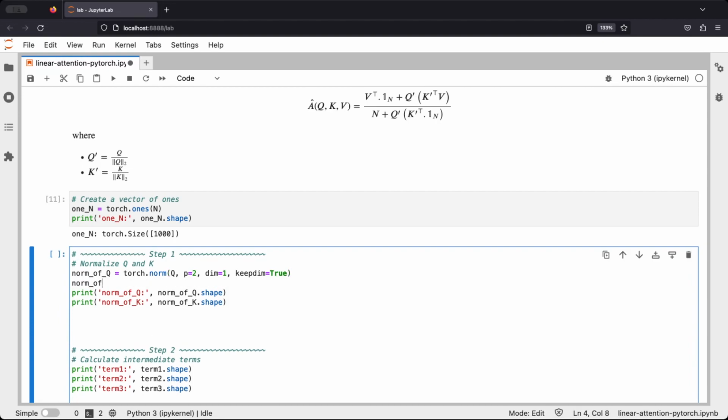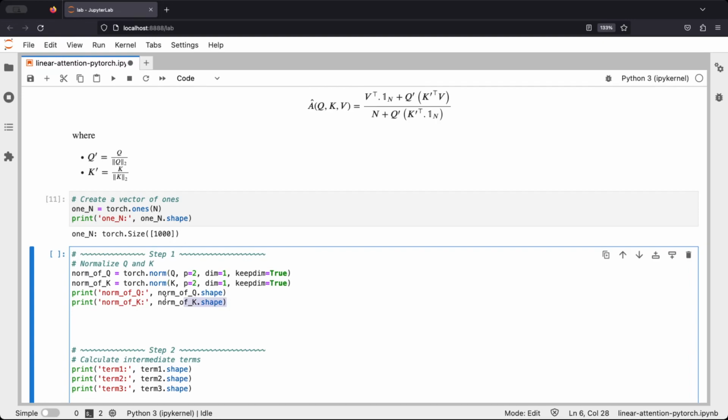We do the same thing for k. Norm of k equals also torch.norm k, p equals 2, dim 1, and keep dim also true.